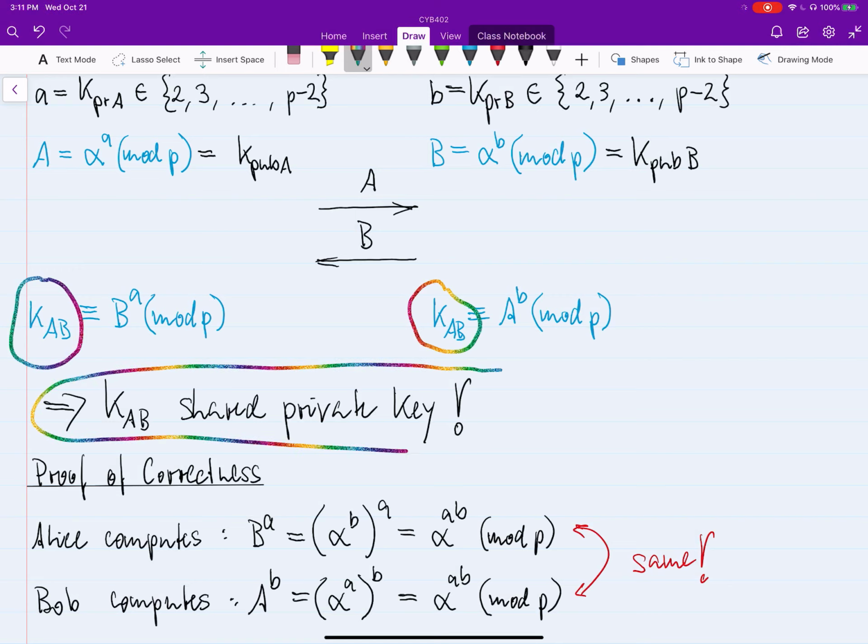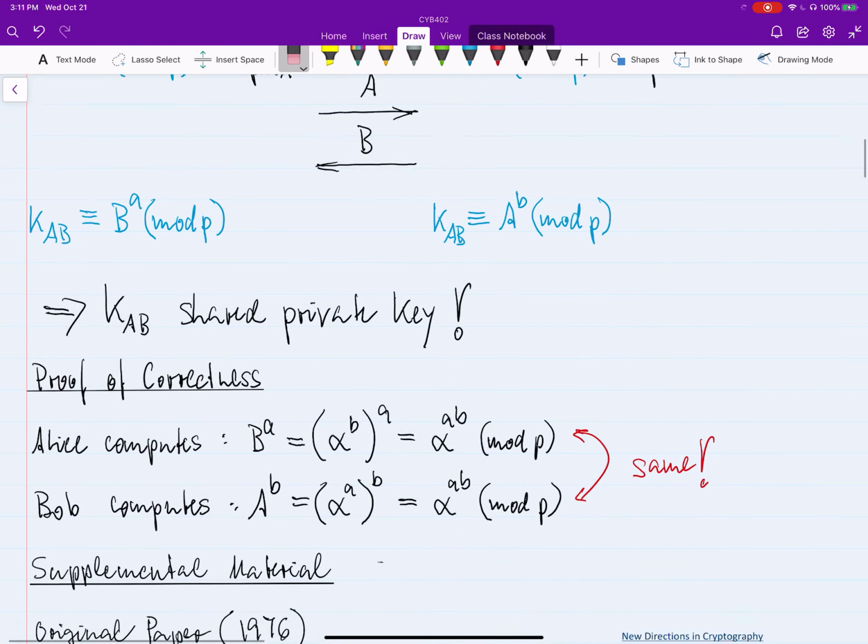This is kind of the surprise. How come Bob and Alice arrive at the same result? This can be proven actually pretty quickly.